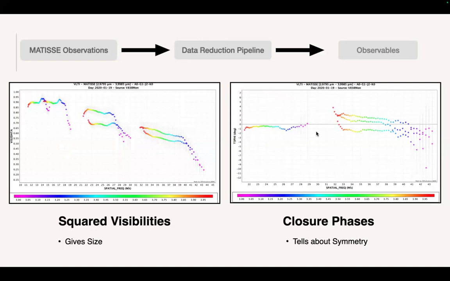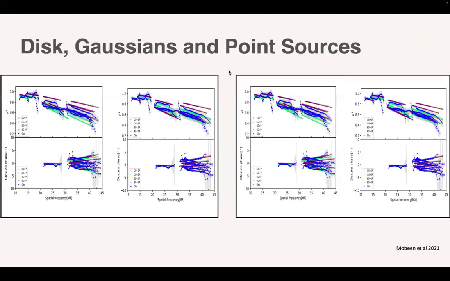What an interferometer does, another way to think about this, is that it's measuring the Fourier transform of the object's intensity on the sky. So we have the Fourier transform, and we basically want to ask the question: what intensity distribution must have resulted in that Fourier transform? There are building blocks that you start off with.